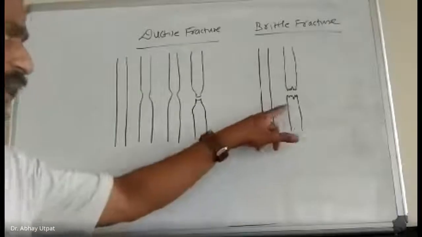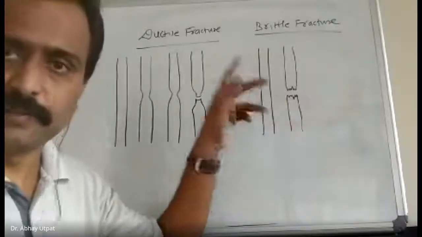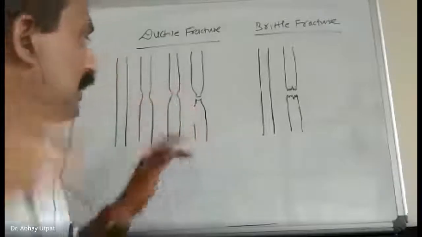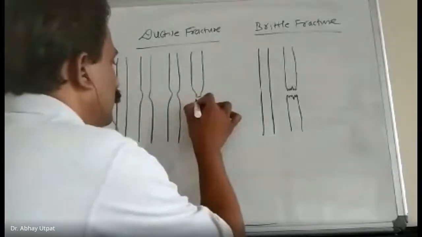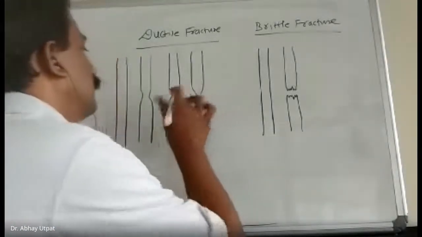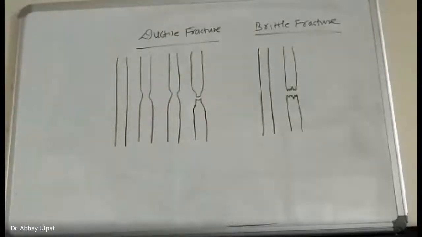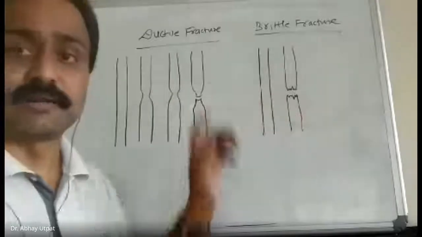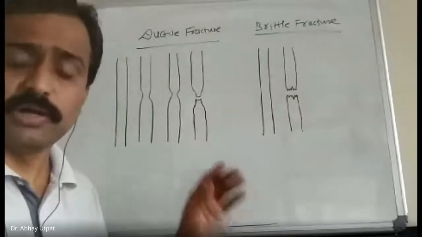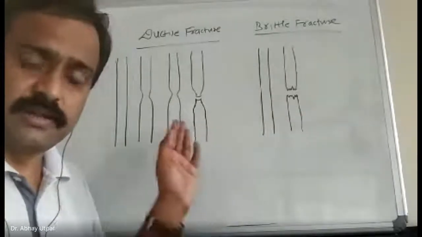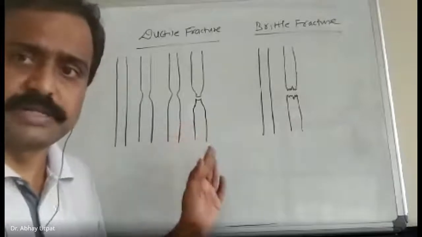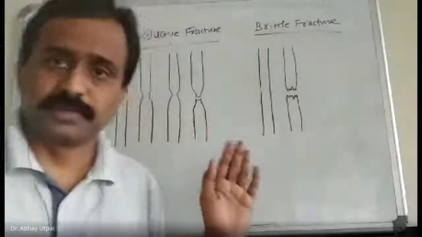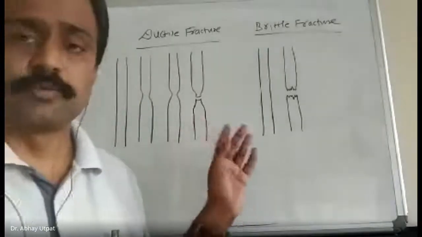With very negligible elongation brittle material breaks, and ductile material breaks with elongation. So this is typical ductile fracture, and this is brittle fracture. I hope you understand almost all the properties of this tensile test.